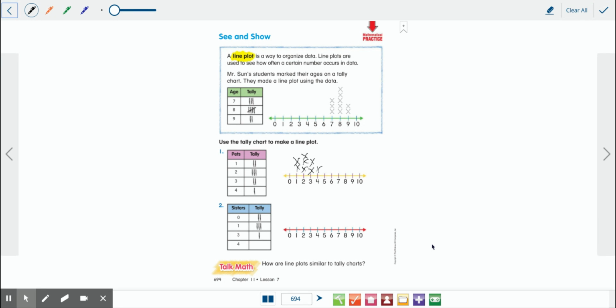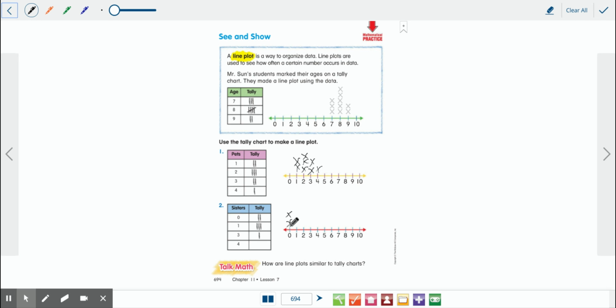And the next question was how many students have sisters? So there are 2 students with 0 sisters. So I find 0 on my number line. And I make 2 X's.